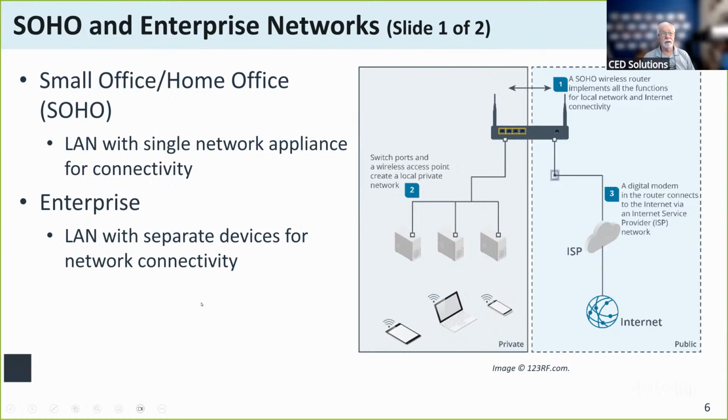If you go into larger, medium and large size enterprises, just take this view right here and expand it 100-fold, rather than supporting 5, 10, maybe 15 devices. They may be supporting 250, 300, 500 devices. And once again, combinations of wireless and wired appliances.